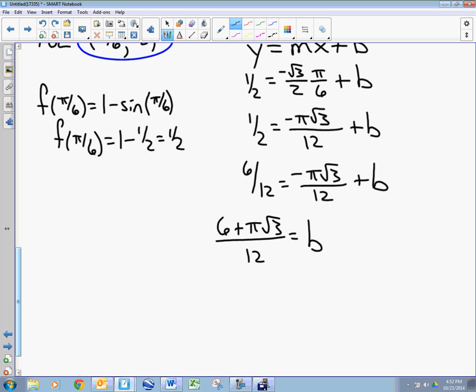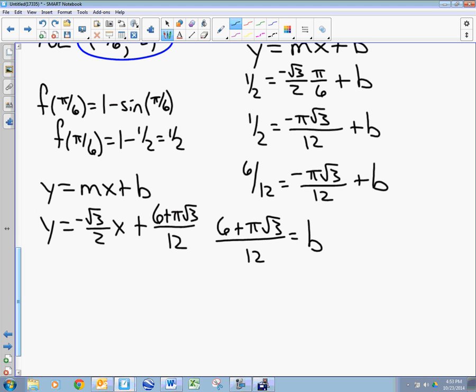That's my b value. So for y equals mx plus b, m we decided was negative root of 3 divided by 2 times x plus b is 6 plus pi roots of 3 over 12.